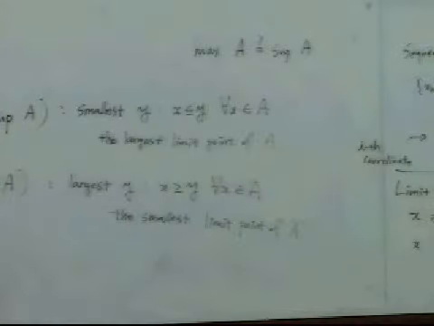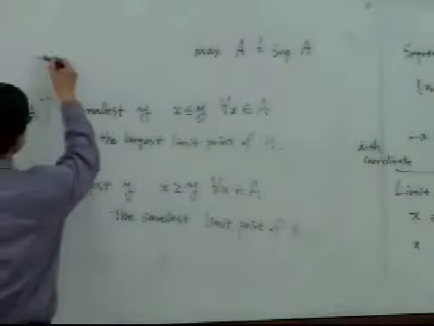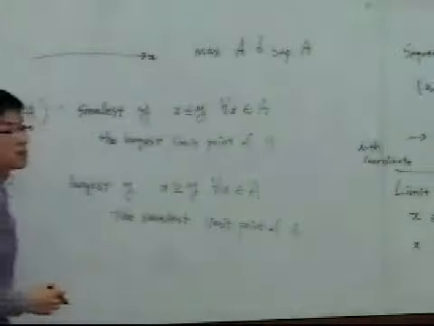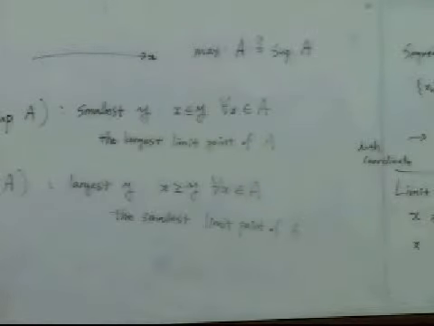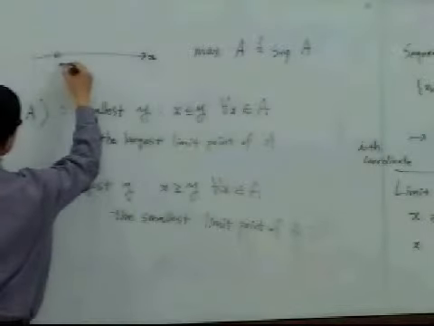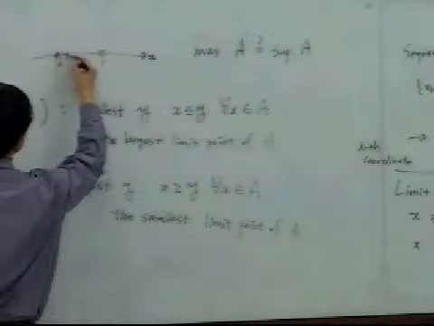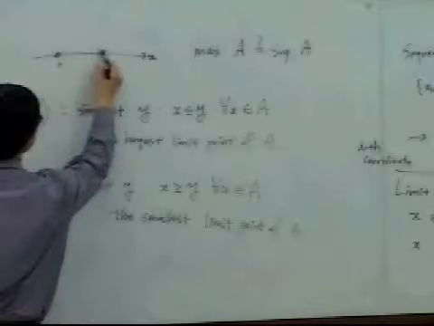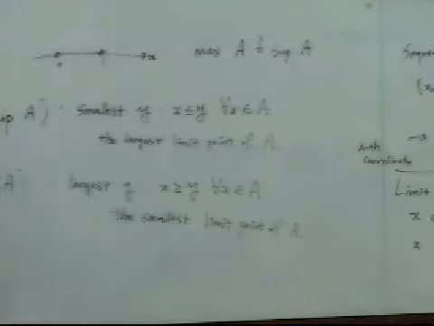These concepts are not new because in high school mathematics we already deal with this, but in a simpler way. Anyway, let's say there is an x-axis, real numbers, and let's say A is defined as from 0 to 1. What is the supremum of A?